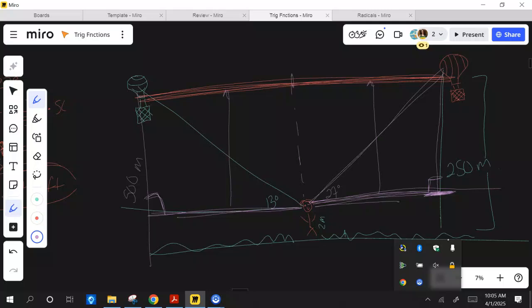So I have to take his height out of it. So this would be 248 meters, and this would be 498 meters, because the 500 is all the way to the ground. We're going to find those values that they are apart.